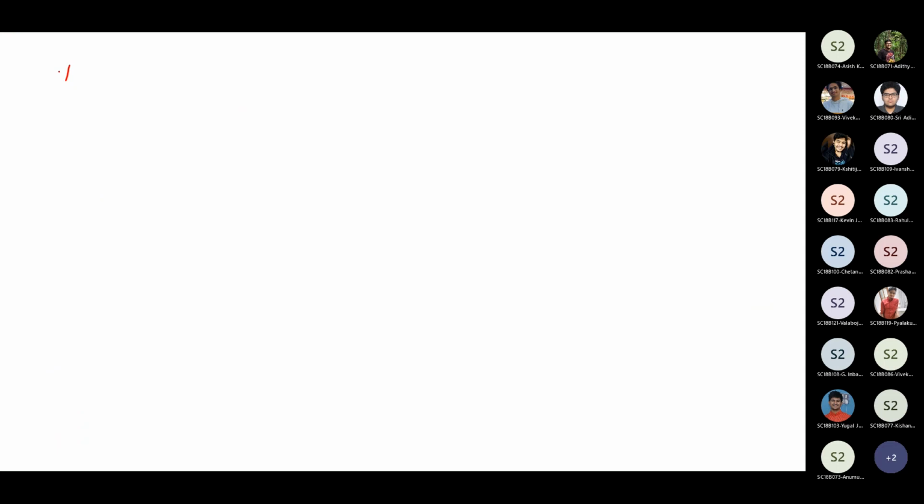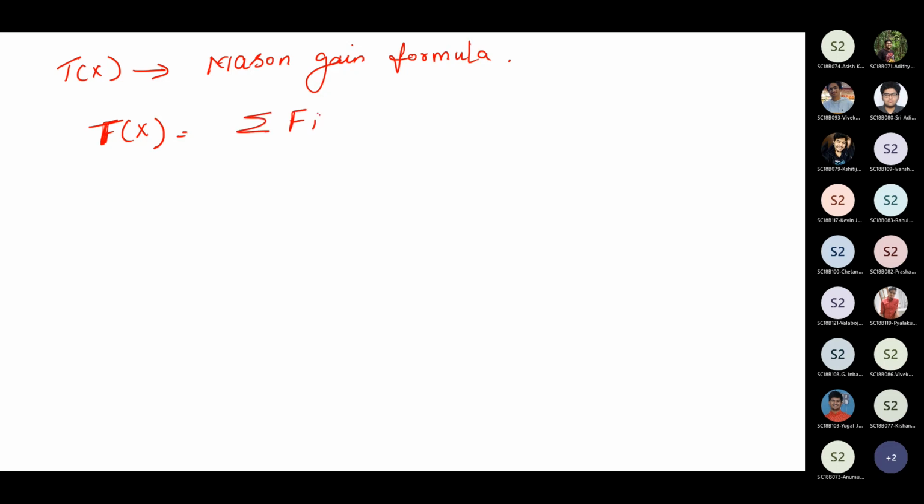I think you have studied it in control systems. How is this Mason gain formula defined? T of x is given as sum of forward gain into delta i divided by delta. This you have studied, right?